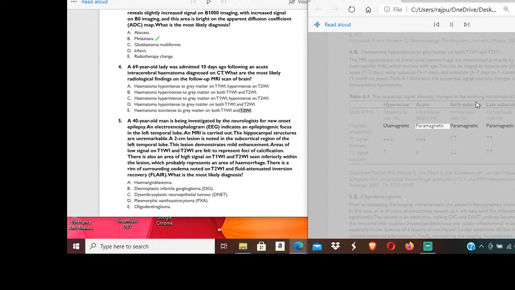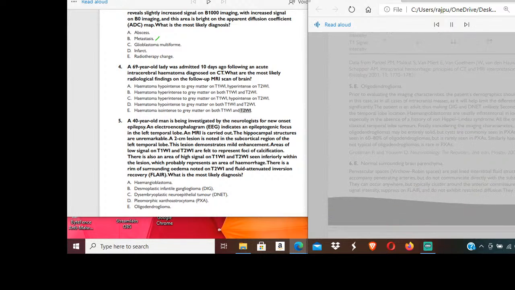Magnetic properties: diamagnetic, paramagnetic, paramagnetic, paramagnetic, superparamagnetic. T1 signal intensity and T2 signal intensity as tabulated. Data from Parizel PM, Makkat S, Van Miert E, Van Goethem JW, van den Hauwe L, and De Schepper AM. Intracranial hemorrhage, principles of CT and MRI interpretation. European Radiology 2001.